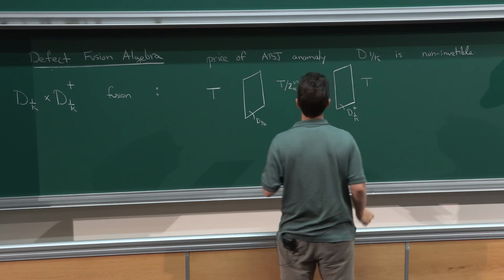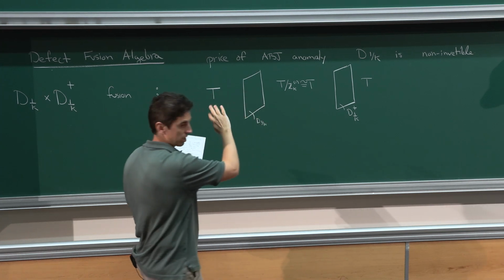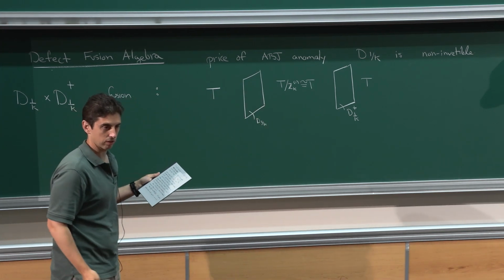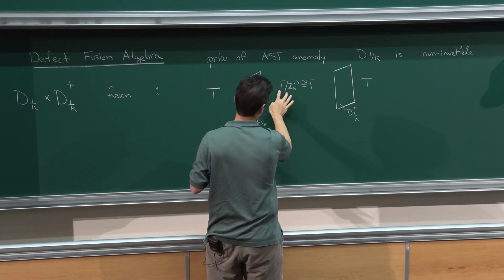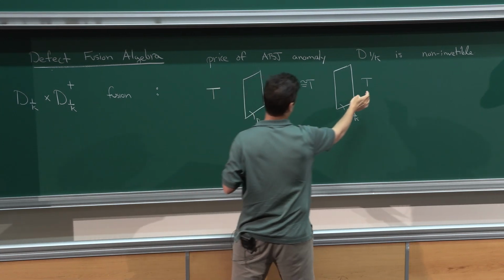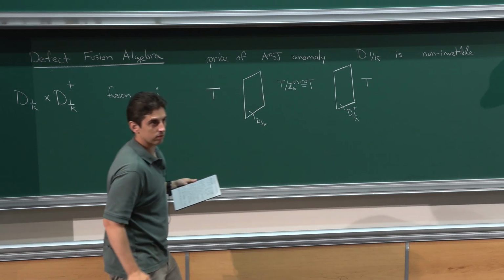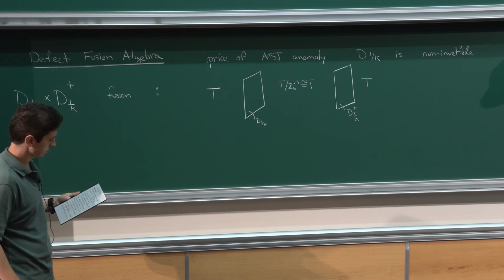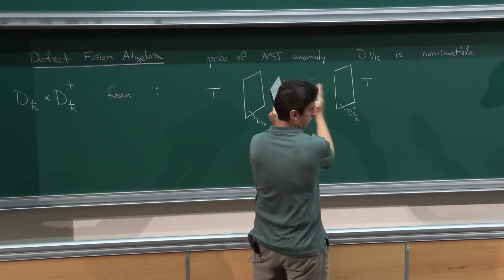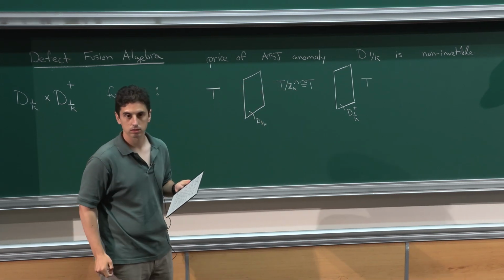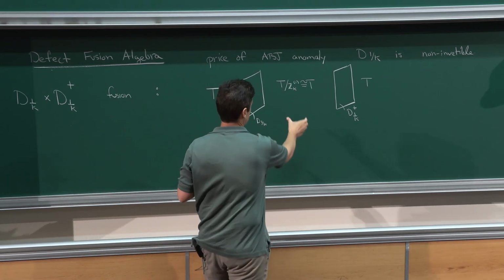And here's T again. It's the dagger because their orientations are reversed relative to each other. So here you have the theory T and the gauging on, so left, right, and here right, left. So fusion just means we want to squish this together and see what comes out. It's topological, so nothing depends on this separation.